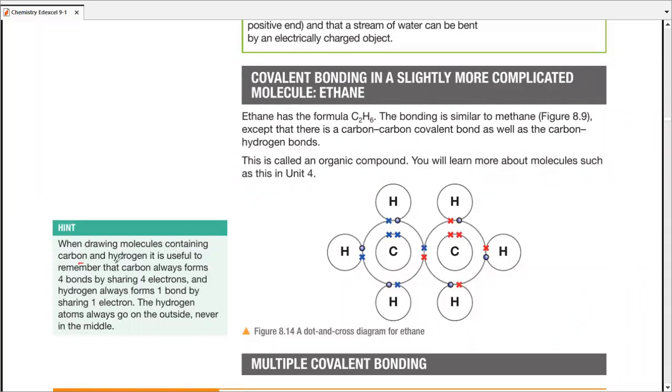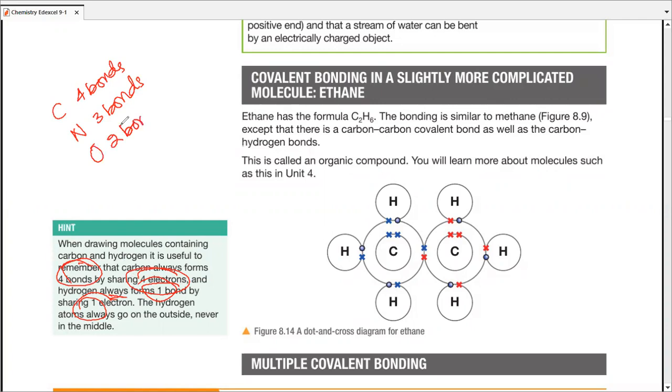So keep that in mind when drawing molecules containing carbon and hydrogen. It is useful to remember carbon always makes 4 bonds by sharing 4 electrons. All right. Hydrogen, on the other hand, always forms 1 bond by sharing 1 electron. All right. So if carbon can form 4 bonds, then nitrogen can form 3 bonds. It's easier to remember this way.